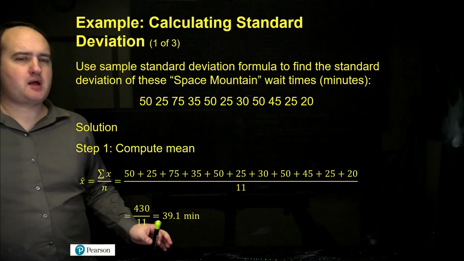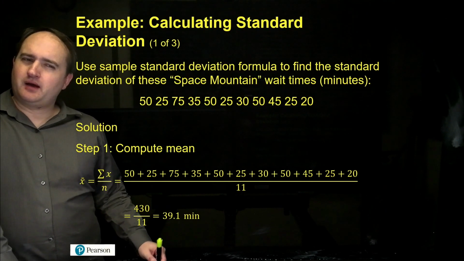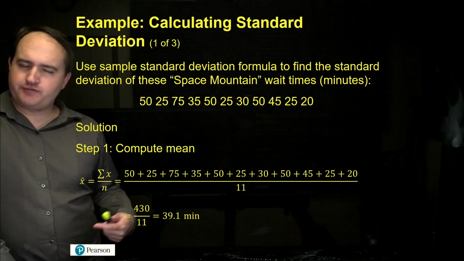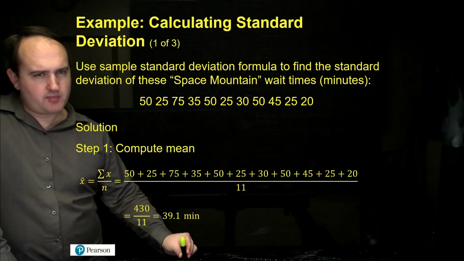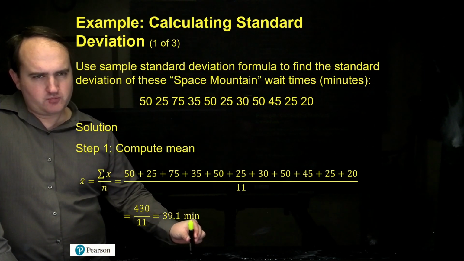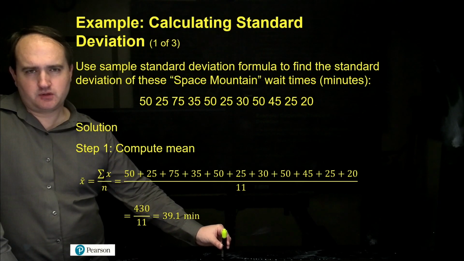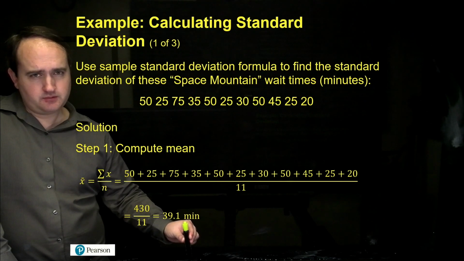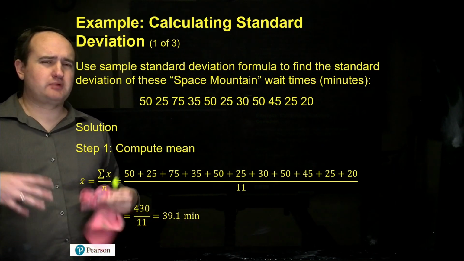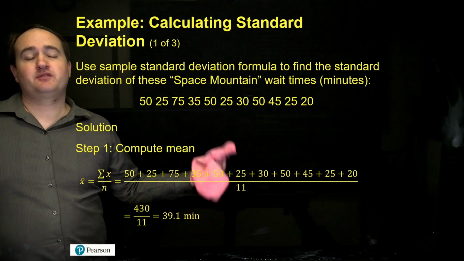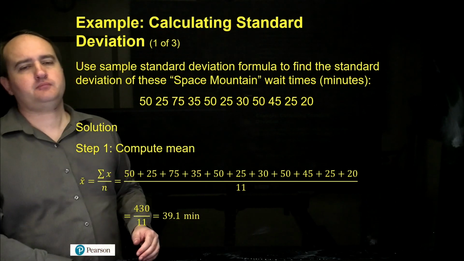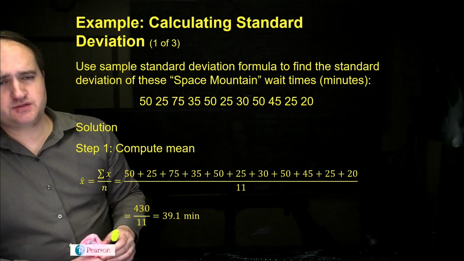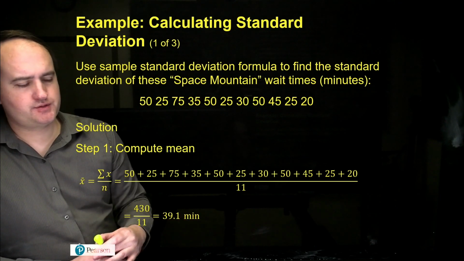However, we already have a problem here, which is that we're already rounding. If you want a more accurate answer, you might want to write a few more digits. If you're using the long formula, you would want to write a few more digits than this, and try to avoid rounding until you get to the very last step. Okay, so the mean is 39.1. x bar is 39.1.